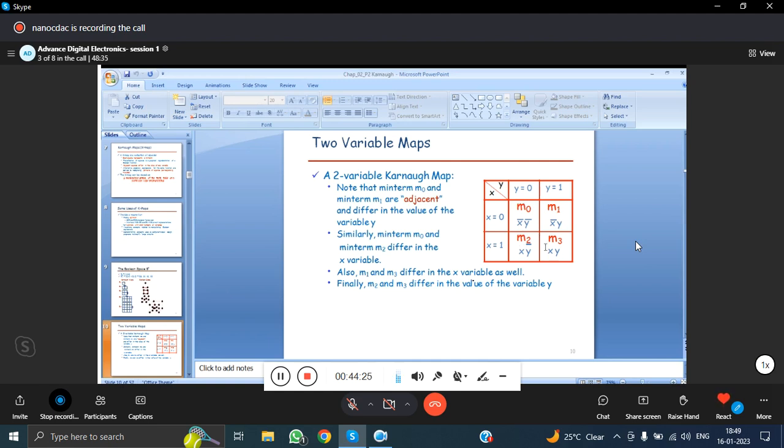Similarly M3: x is equal to 1 and y is equal to 1, so it will be xy.